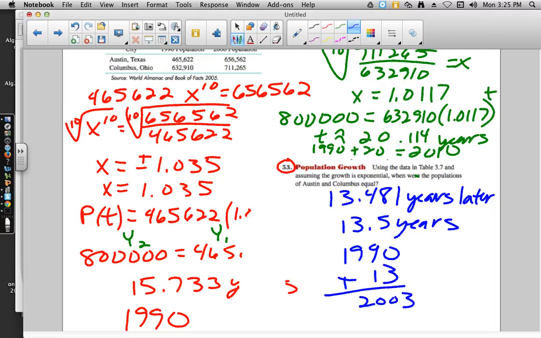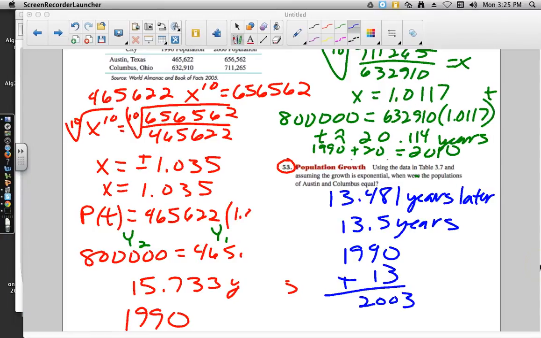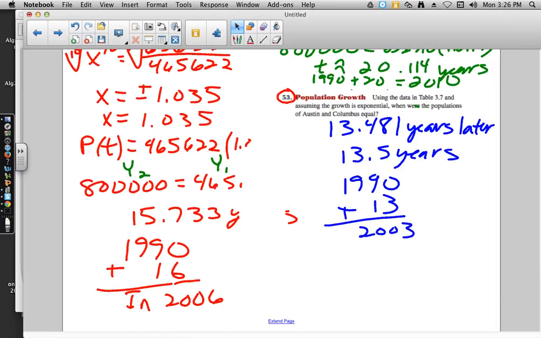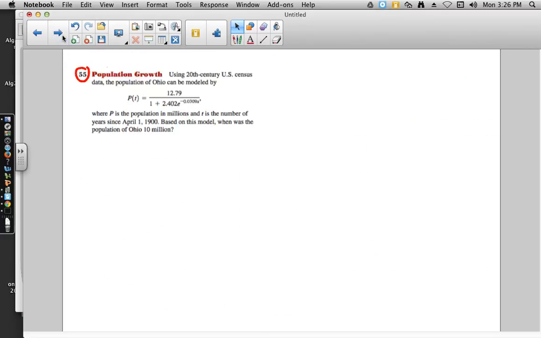But we can be a little more specific than that because remember, population is all about that July 1st cutoff. So if we know that we're going to be using a half a year, we could go ahead and say we know that it's going to be towards the end of 2003. So the end of 2003.